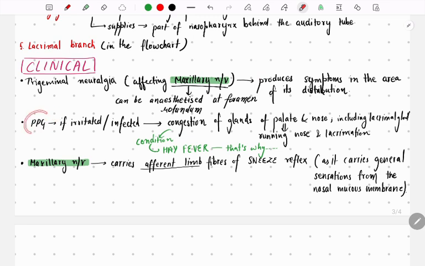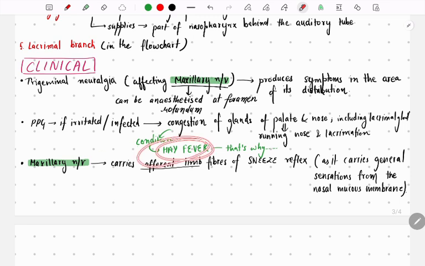And if we are studying the pterygopalatine ganglion, as we see, it supplies secretomotor fibers to many glands, like the lacrimal glands and the mucous glands of the nose, palate, and nasal sinuses. So if this gets irritated or infected, it will cause congestion of the glands of the palate, nose, and also the lacrimal gland. What will it cause? They will overproduce. It will cause a running nose and lacrimation, and we all are familiar with this.